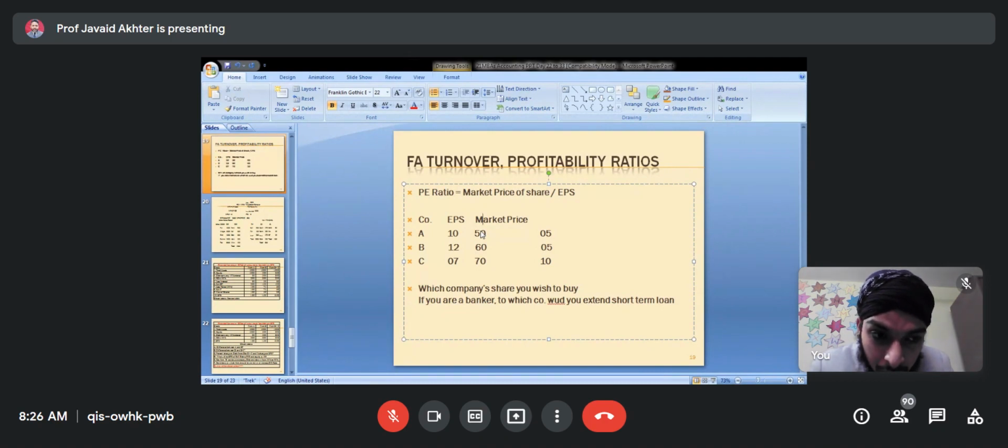It also includes the appreciation in the value of your investment. You bought the share, let us say, for 100 or for 10. Now it is worth 50. So your investment has grown by 5 times, 10 times, 70 times, any number of times.